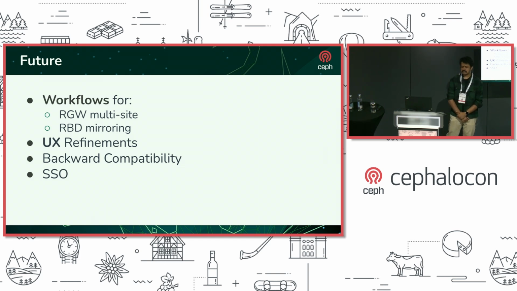Some of the improvements that we have made to the management and monitoring stack are the implementation of this management proxy and the OAuth2 SSO. Basically, you can just create a management gateway proxy and OAuth2 SSO containers through Cephadm.